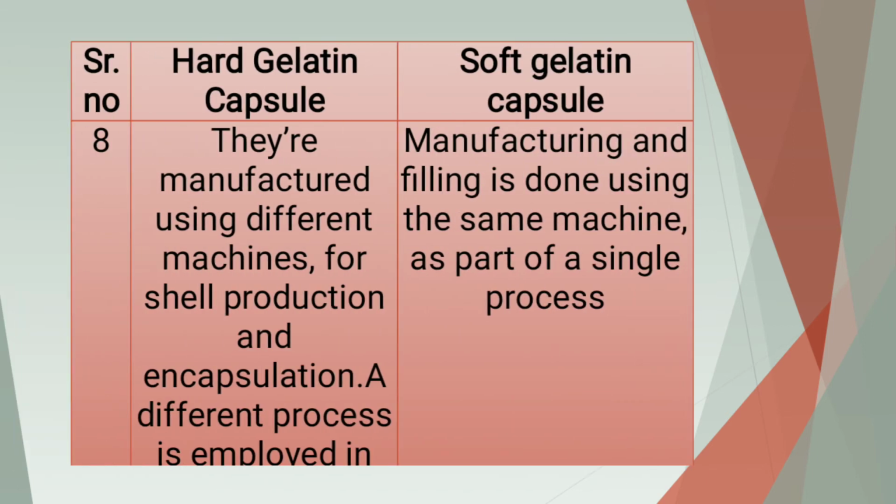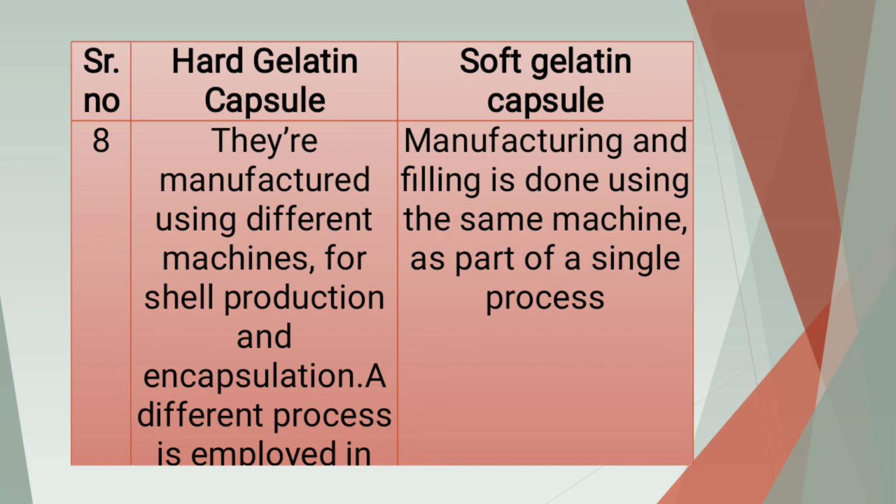Then the next difference between hard gelatin and soft gelatin capsule. For hard gelatin capsule, they are manufactured using different machines for shell production and encapsulation. A different process is employed in manufacturing, as we have already seen in our previous videos, that hard gelatin capsule shells are initially produced and then separate equipment is used for encapsulation, right?